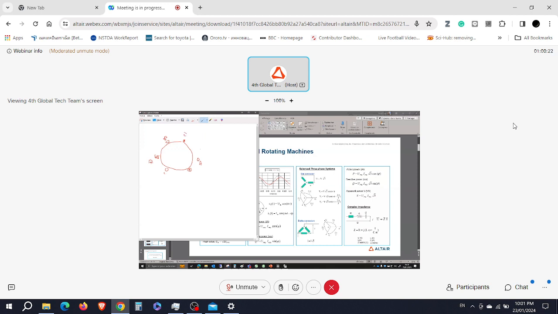So this is for a 2-pole machine, but if we have a 4-pole machine, then you will have it like this. You have the input and the output.